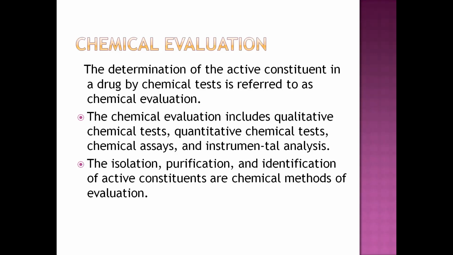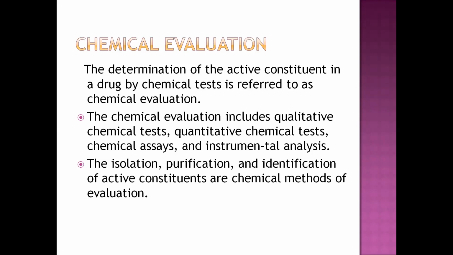Then the instrumental analysis. Note down that in this method, I am also covering the instrumental methods, that is, analytical methods also. So you can combine chemical and analytical methods in this method only. It also includes the isolation, purification and identification of active constituents.